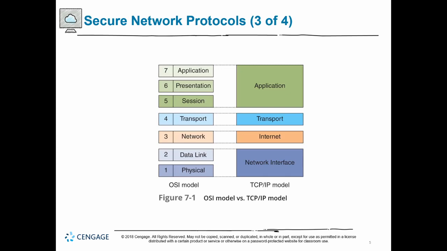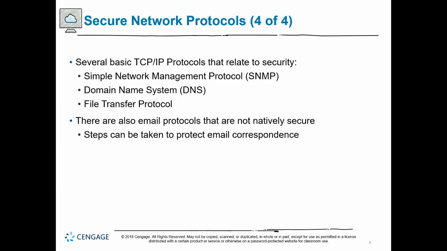As you can see here, the OSI model has 7 layers. The TCP/IP model has 4 layers. The only 2 things that are the same are the transport and network layers. In the TCP/IP model, the application and network interface layers aggregate a couple of the different layers in the OSI model.